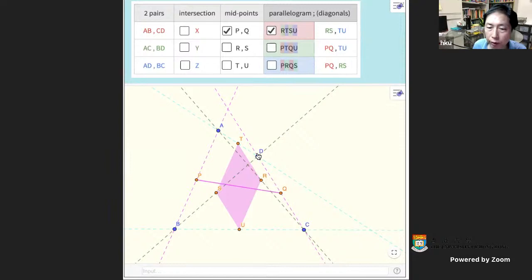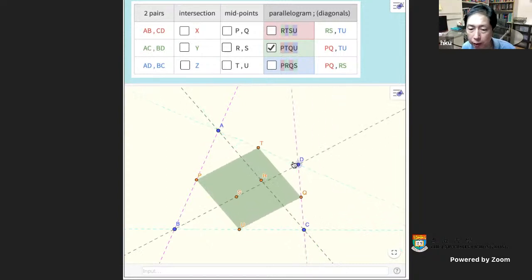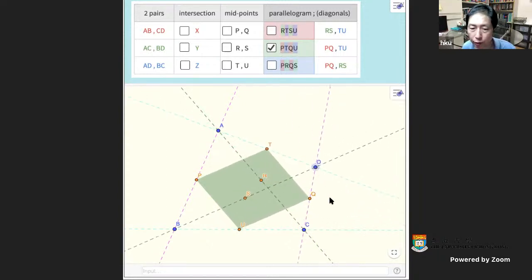And similarly, if you look at the second pair, RS are the points on these 2 sides, but the remaining 4 will form a quadrilateral, which is also a parallelogram, with sides parallel to AC and BD. The same reason, because of the midpoint theorem, you can always prove that this is a parallelogram.